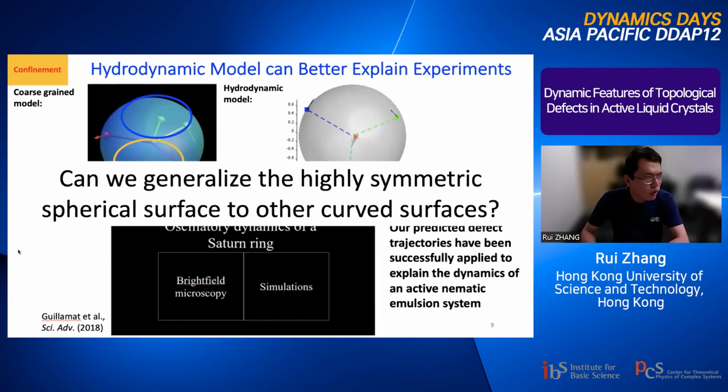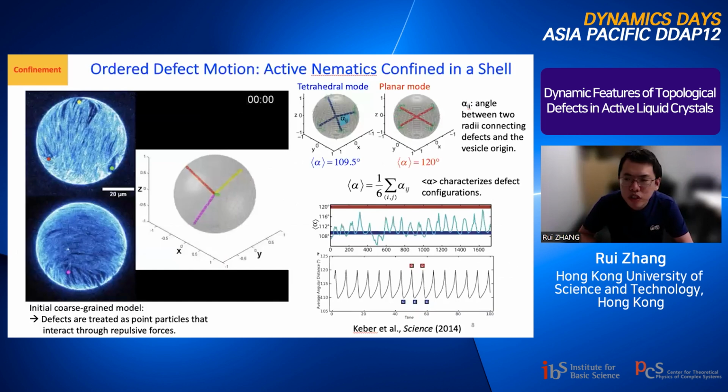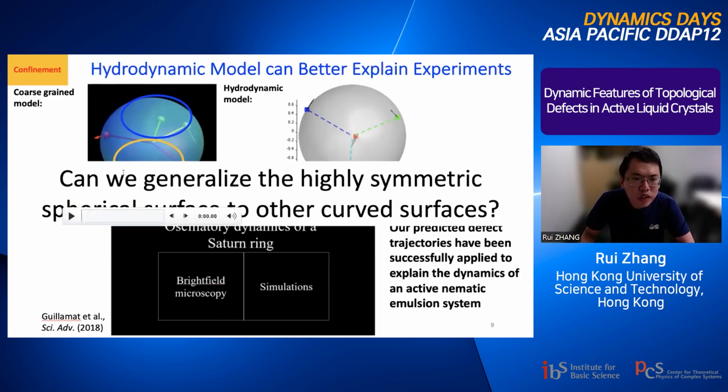Thank you for the question. I agree that maybe we can have a more sophisticated interaction potential between the defects, and with that we can have a better description of the defects. Because as you can see, the trajectory is too simple.